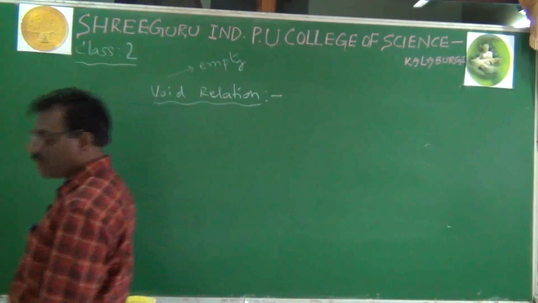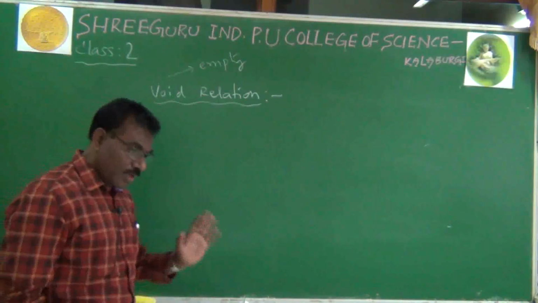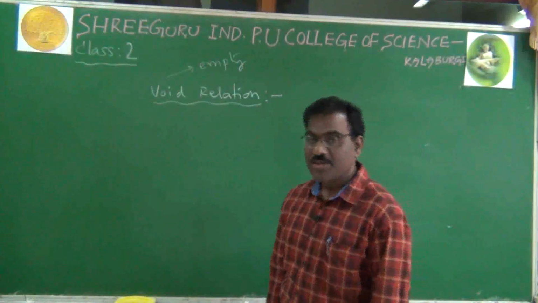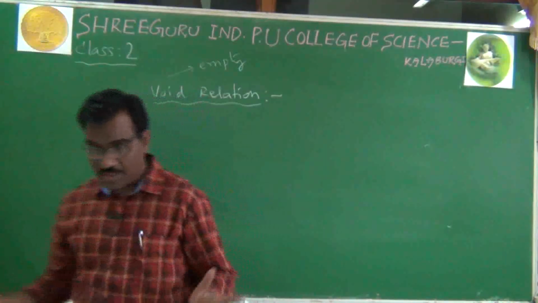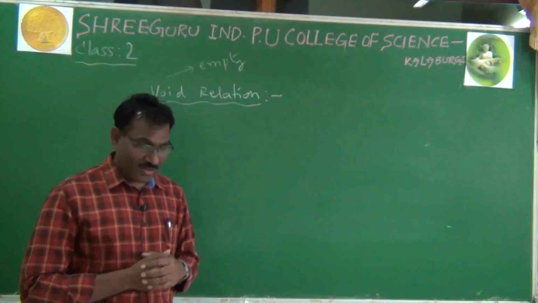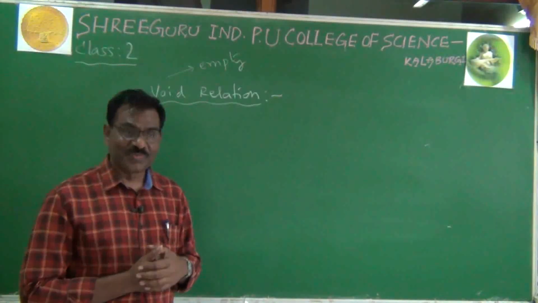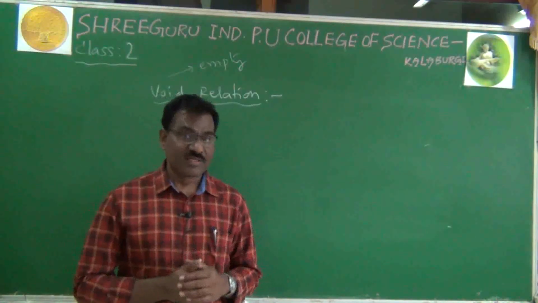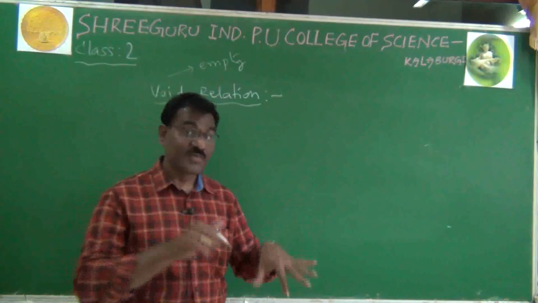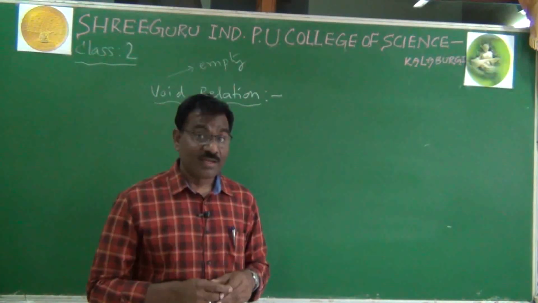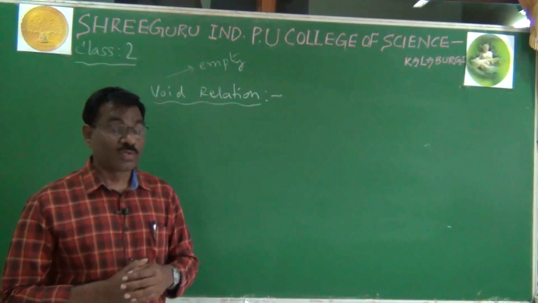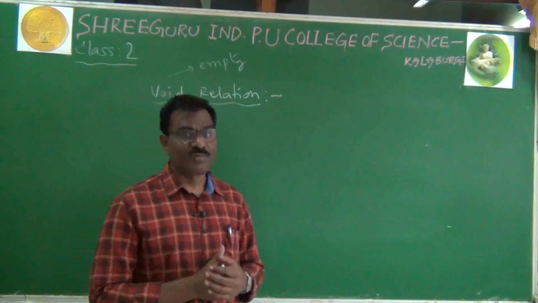A relation R on a set A is said to be a void relation or empty relation if no element of set A is related to any element of set A.